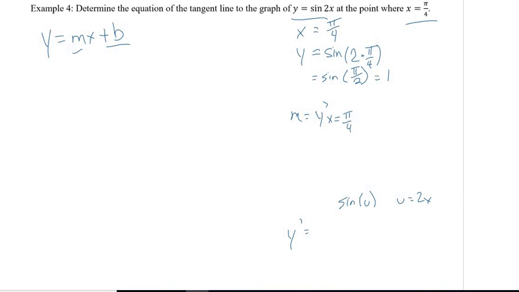So 2x is going to be our inside function here. So let's take the derivative of the outside function, cosine of u, and multiply it by the derivative of the inside function. So that's going to be times 2. That's going to be 2 times cosine of u, or 2 times cosine of 2x.